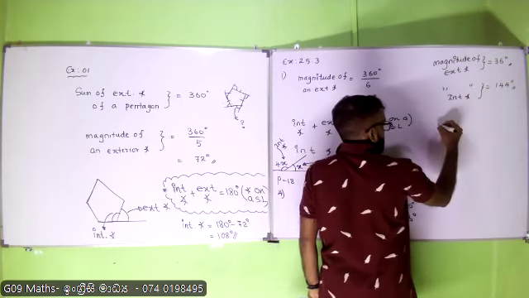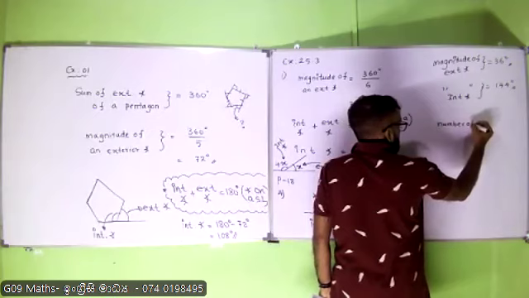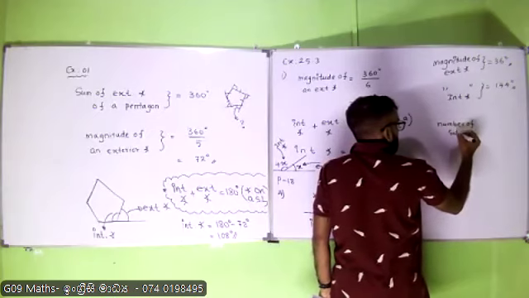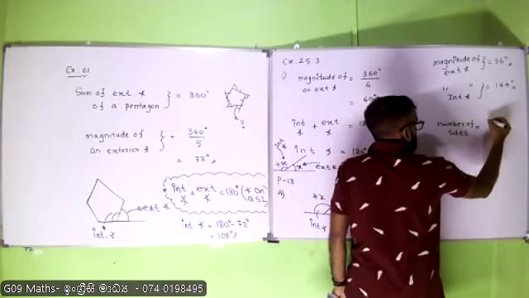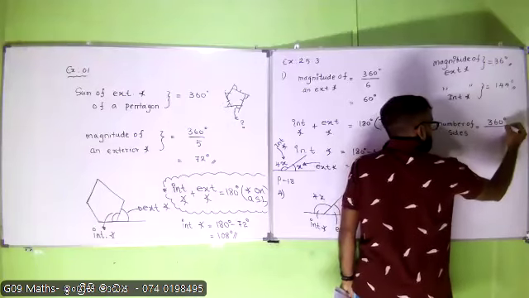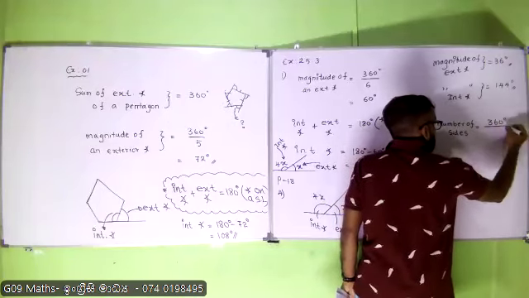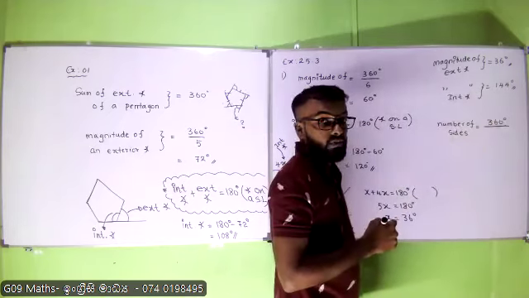The number of sides is equal to the number of angles. The summation of the exterior angles is 360 degrees.